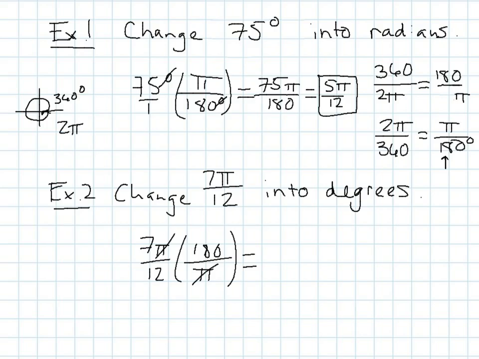So 7 times 180 gives me 1260 over 12, and then I would divide to get 105 degrees, because this 180 has the unit measure of degrees.